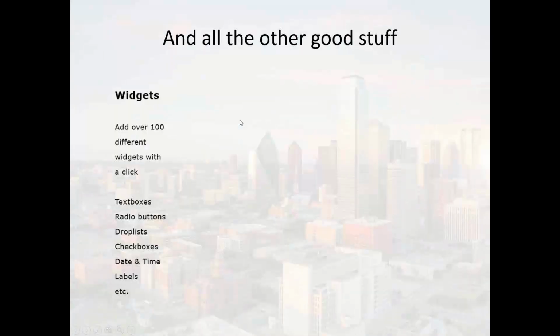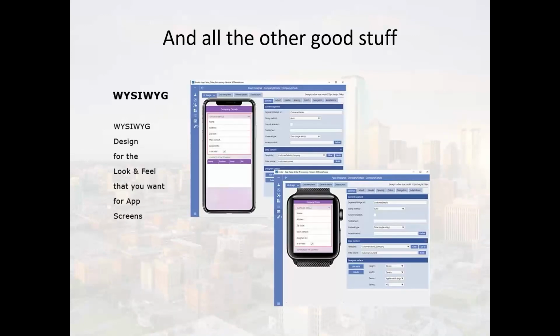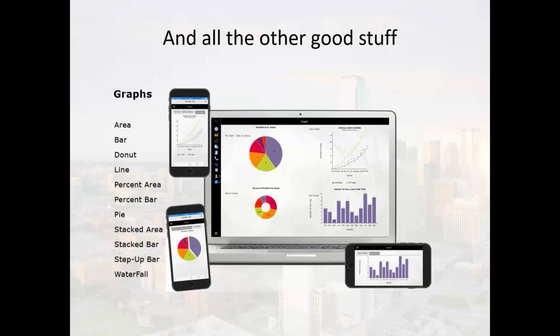And because I want to get on to the demonstration, there isn't time to tell you about all the good stuff in Evoke. There are over 100 different widgets that you can include in Evoke, whatever you'll need. And there's that what-you-see-is-what-you-get design interface, allowing you to create the look and feel you want. You can include chatbots such as an IBM Watson or proprietary chatbot. And those graphs don't stop at the 4 I mentioned.